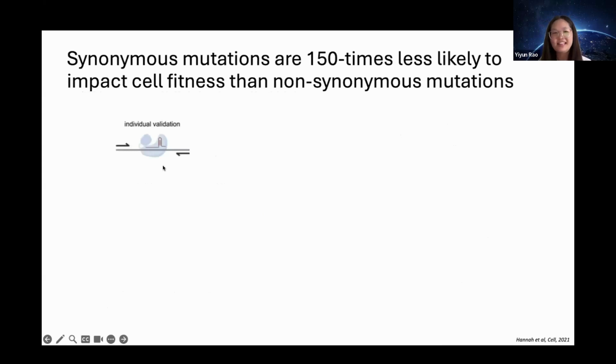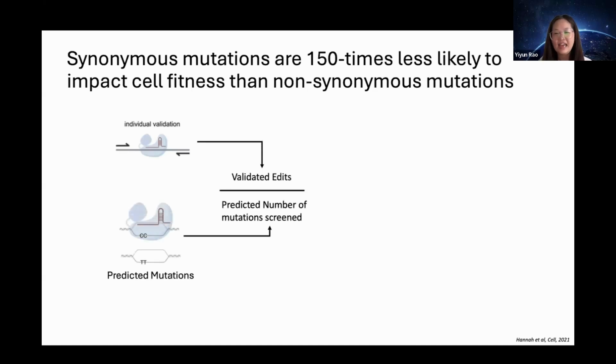The short answer is that yes, all the intended edits are made, and it is the predicted mutation that is causing the effect. With this information in hand, we can now estimate the actual proportion of functional mutations in our screen based on the predicted number of mutations that we screened.